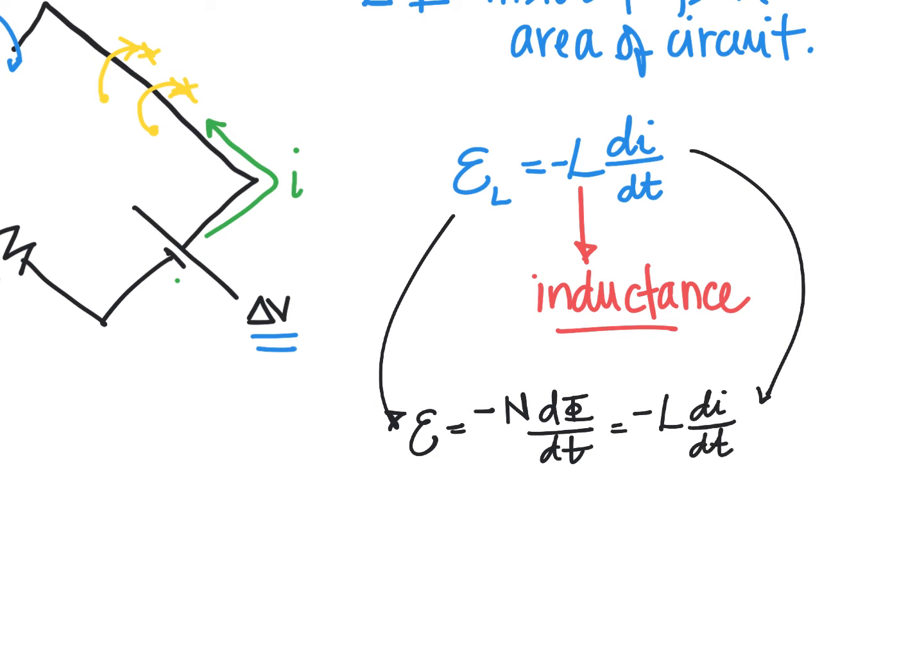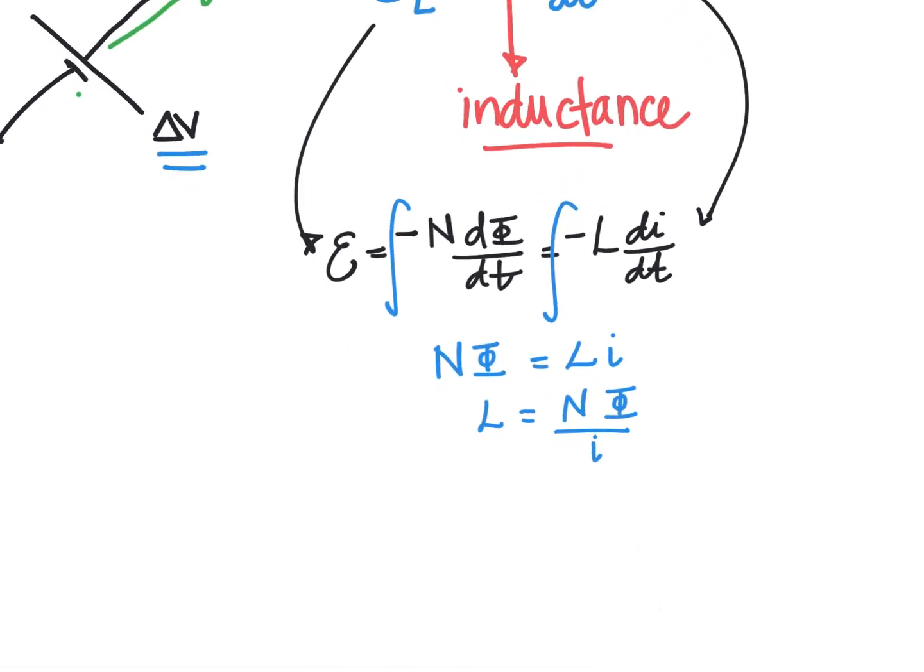Now if we integrate both sides here, we'll get that N phi is equal to L times the current. So then our inductance is equal to the number of loops times the magnetic flux divided by the current. So our inductance is going to depend on the geometry, the number of loops, the magnetic flux through that loop, and then the current that is passing through the loop.